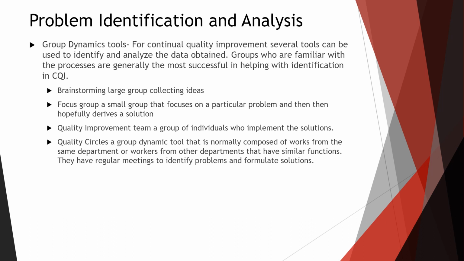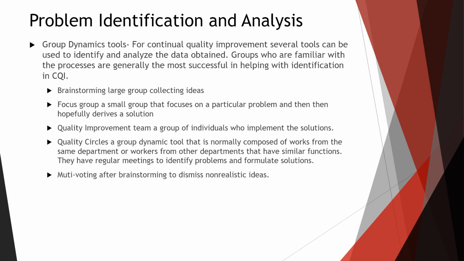They have regular meetings to identify problems and formulate solutions. So this is often something that will happen in a facility between different managers. They can have a meeting and they say, what are your issues, what are your concerns, what kind of problems are you having, and then they can come together where they cross over on tasks.